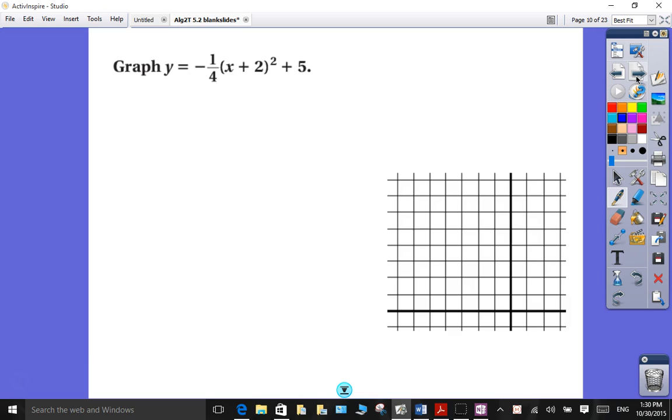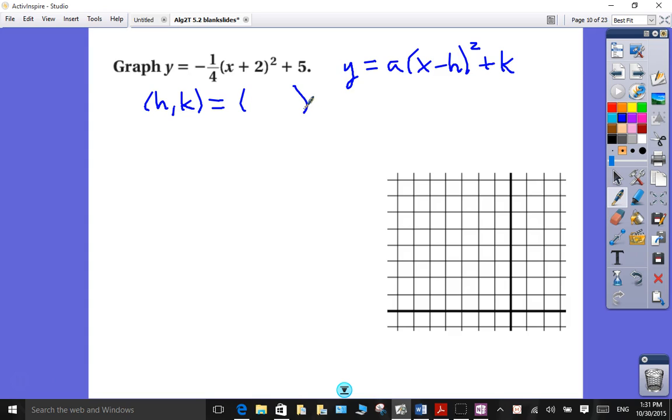So graph this function. Again, I don't have to calculate the vertex, I should be able to tell the vertex just by looking at the equation. Remember that this is the vertex form of the equation: y equals a times (x minus h) squared plus k. And I know that the (h, k) is the vertex. So tell me, in this problem, what is the vertex? Negative 2.